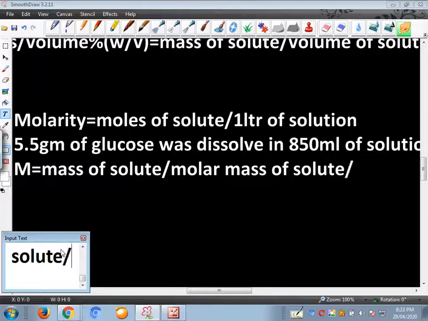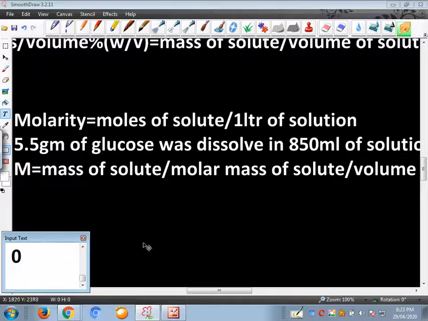This is whole divided by, remember student, don't confuse, I am taking the numerator as the given mass of solute divided by molar mass of solute, whole divided by volume of solution in milliliter divided by 1000.